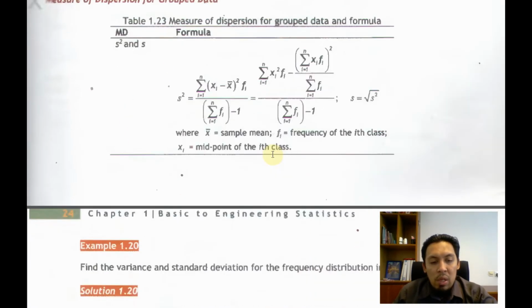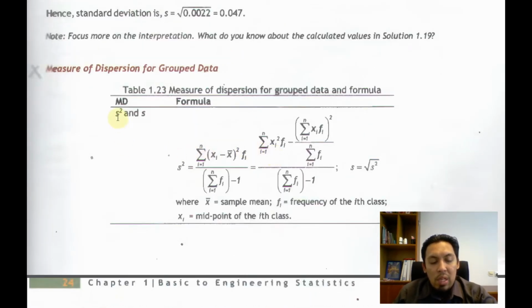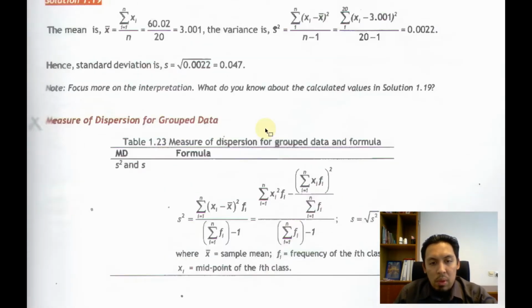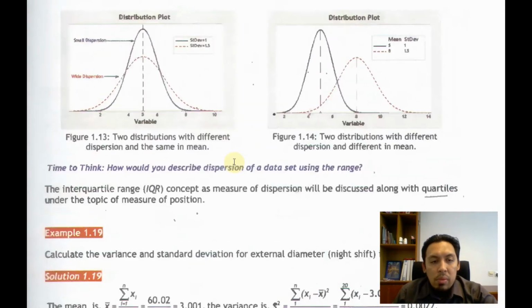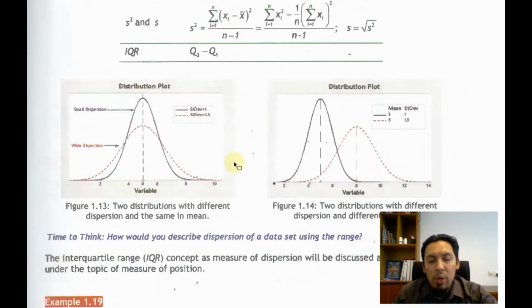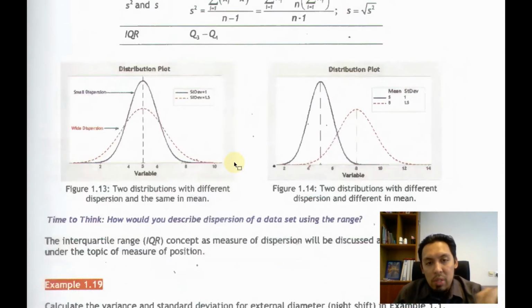This is the formula for standard deviation and variance for grouped data. If you realize, there is no formula for range and IQR, because range and IQR can only be used for ungrouped data. So we're going to see about the dispersion a bit later.